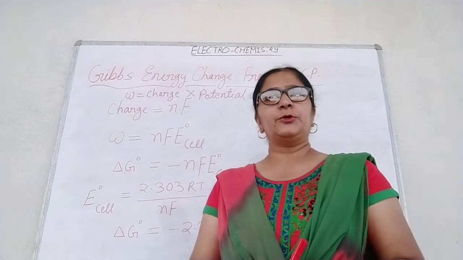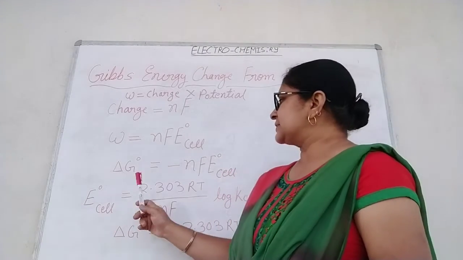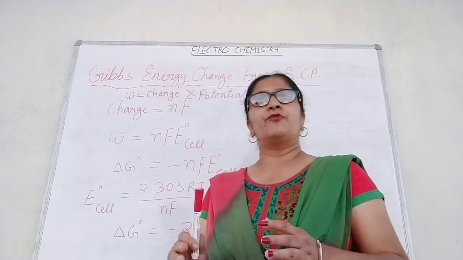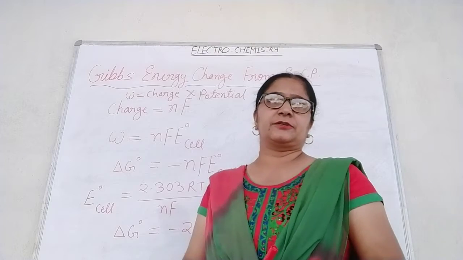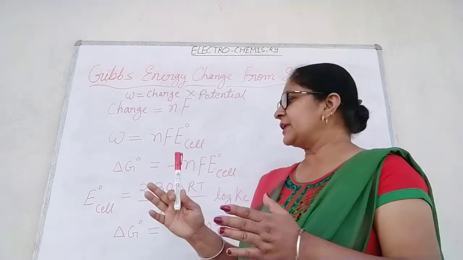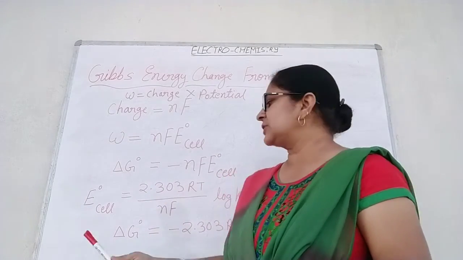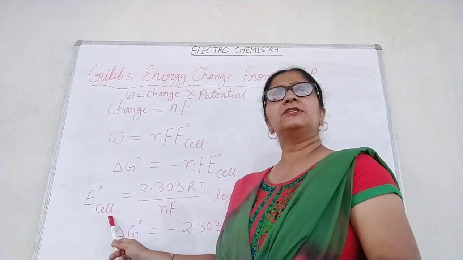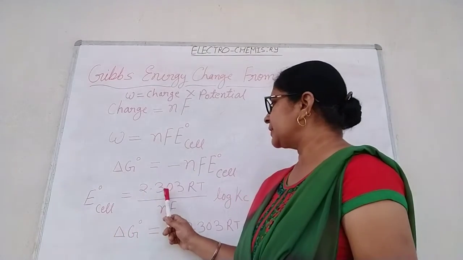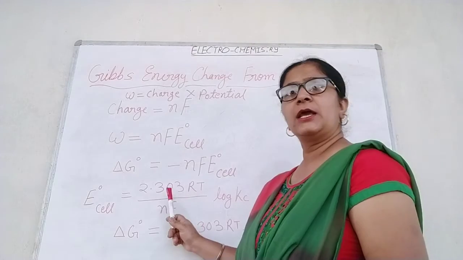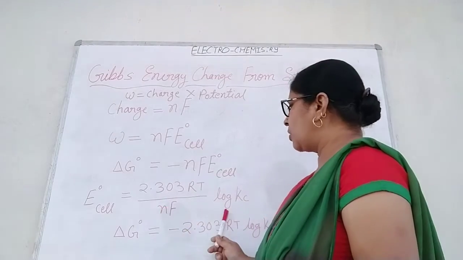If we use the value of standard cell potential from the equilibrium constant, we will get that E naught cell is equal to 2.303 RT upon nF log Kc.